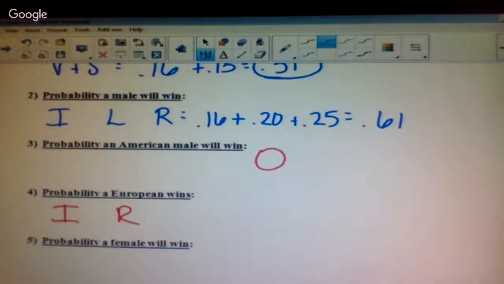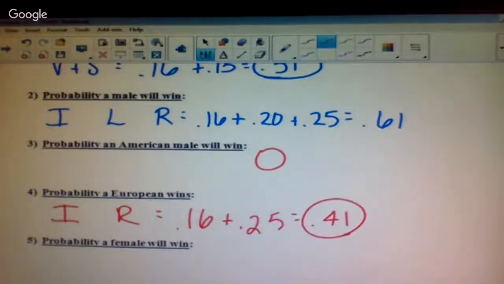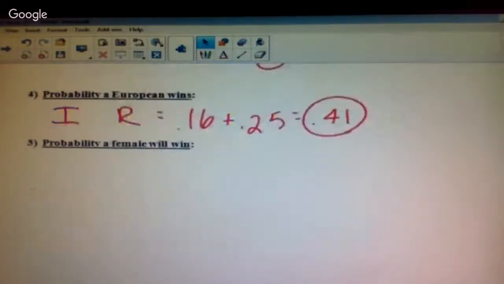Right, so let's not count Anna. How about we don't do race? Let's not count Anna. So Ivan has a probability of 0.16, and Roger 0.25, which gives us 0.41.